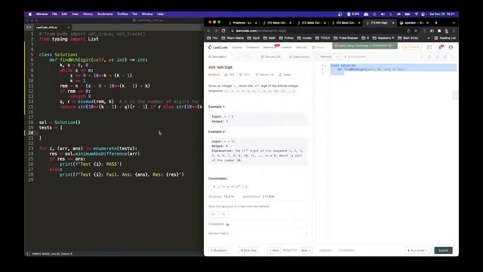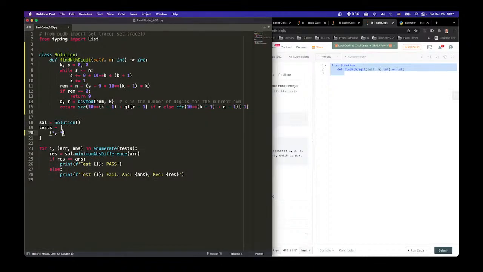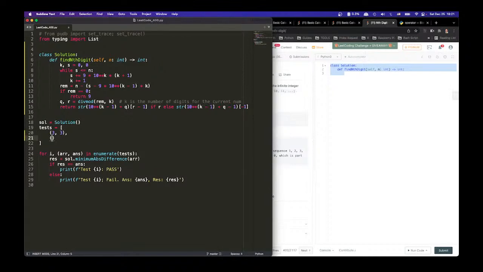Let's see. So we have 3 shall return 3. 11 shall return 0. So these are just too straightforward. And oh my goodness. Oh, I see. I need to turn this into an int.